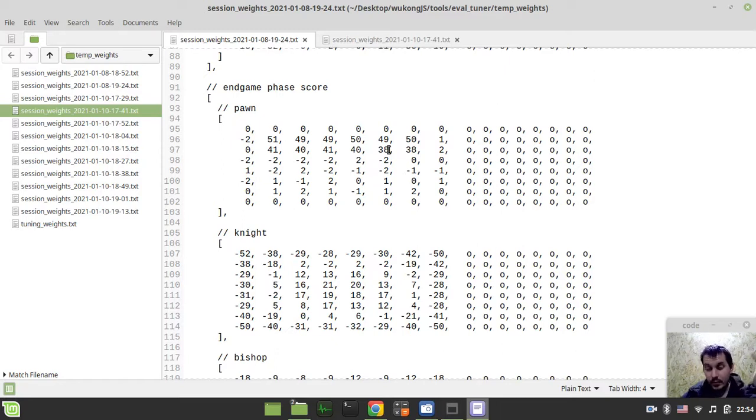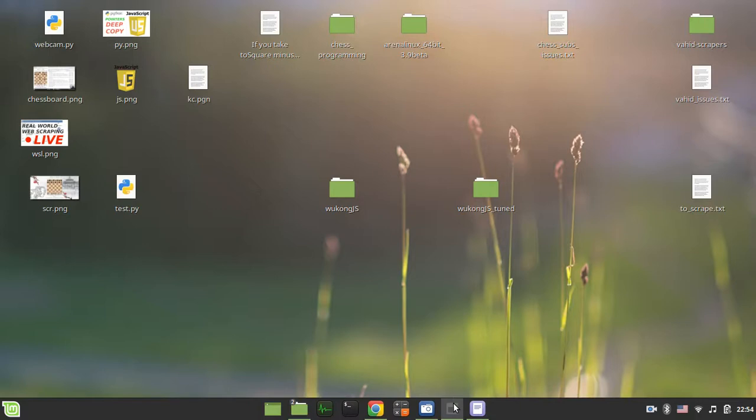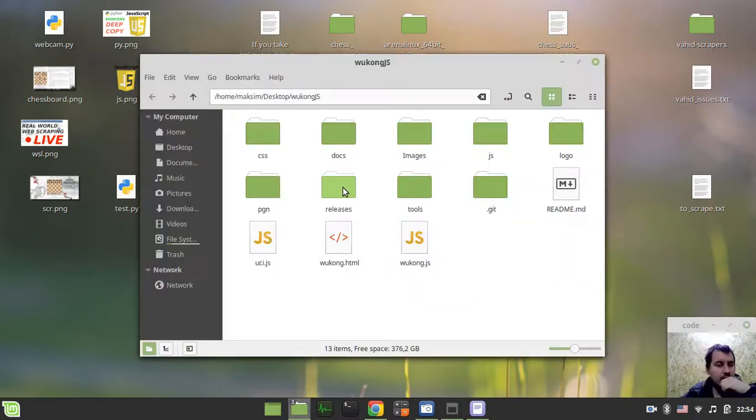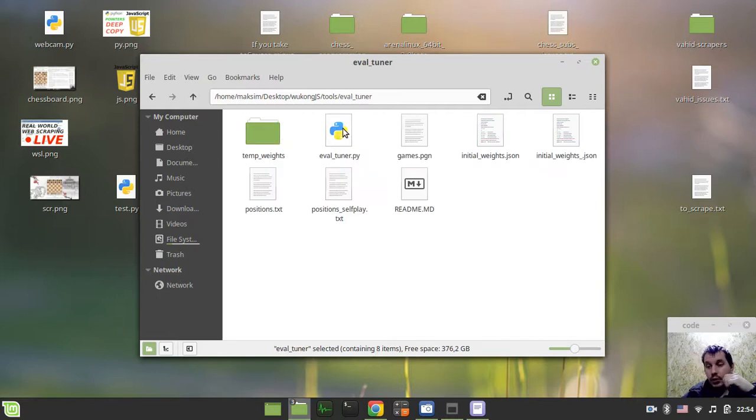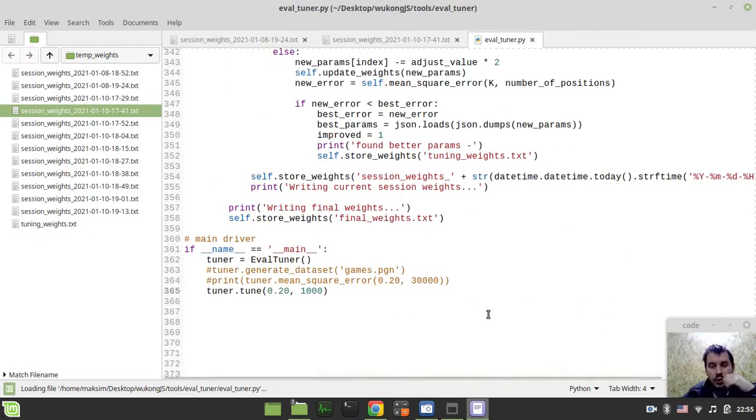But assuming that I have a very, very slow implementation of the Texel tuning, just to give you an idea of how many games I used to tune this: the maximal number I used was 30,000 games, and this was not for the automated process.